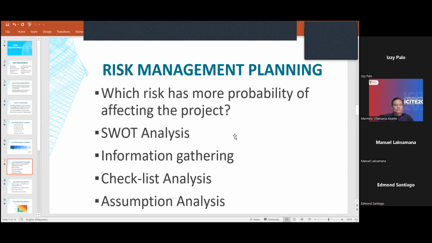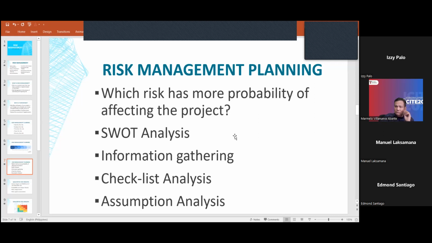Okay. So in terms of risk management planning, which risk has more probability of affecting the project? This is just an additional point. We also do SWOT analysis in terms of risk management planning.